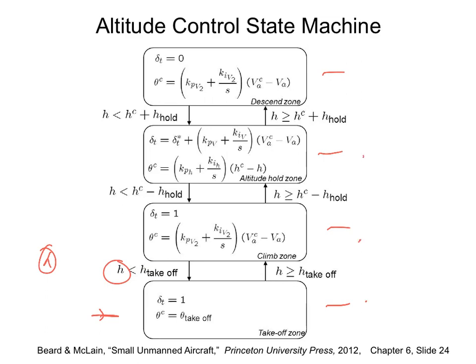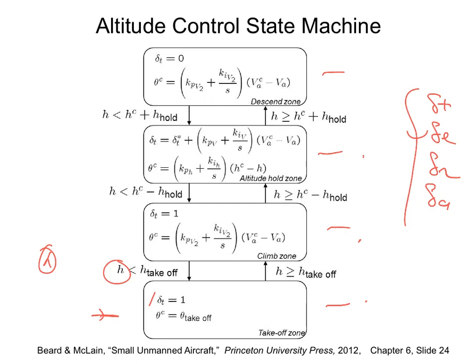There are 4 cases. If your h is less than h takeoff, then you are in the takeoff zone. There you fix delta t. Remember the objective of the autopilot is to compute delta t, delta e, delta r, and delta a. These 4 inputs need to be computed.